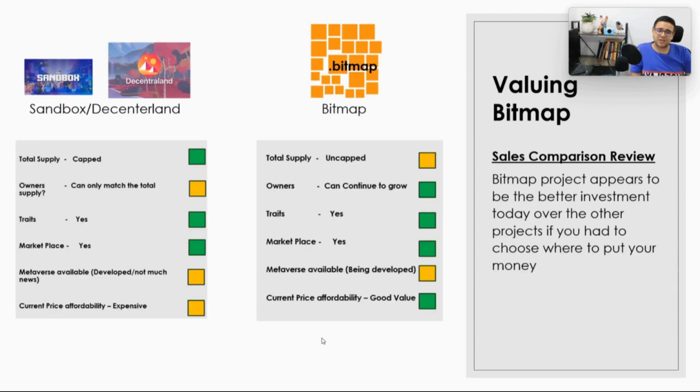So standing the projects side by side, I've basically grouped both Sandbox and Decentraland together because I ended up, unfortunately, giving them the same rating. So there was no point me separating it out. And comparing it to Bitmap, it's quite obvious at the moment that Bitmap seems to be the correct project to invest in, the project that ultimately seems like the better value.